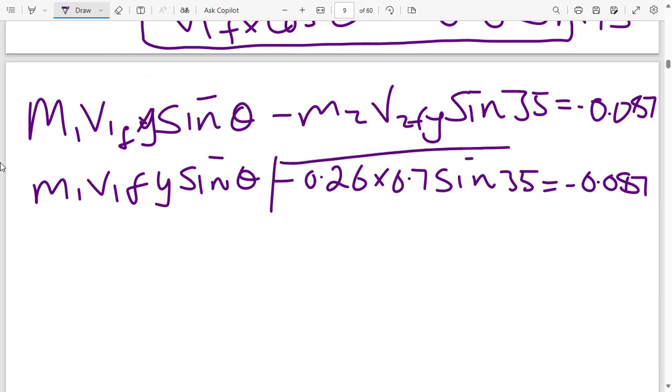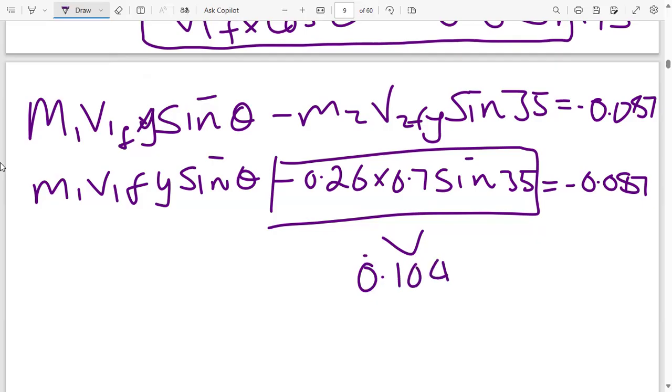So we punch this into our calculator: 0.26 multiplied by 0.7 sine 35. It's giving me 0.104.